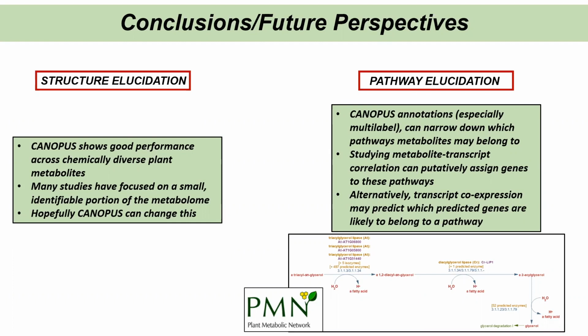An alternative approach is to take some of these enzymes that are predicted to be involved in the pathway steps of a particular pathway, and use co-expression studies to predict which of these enzymes are co-expressed and then potentially likely to be involved in the pathway, potentially more likely than the enzymes that don't show any predicted or expected expression.